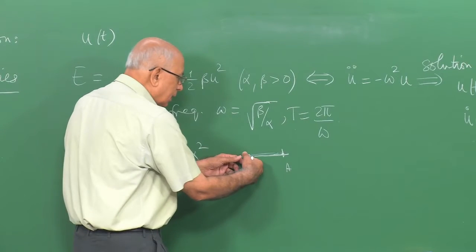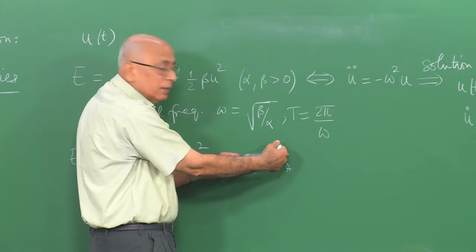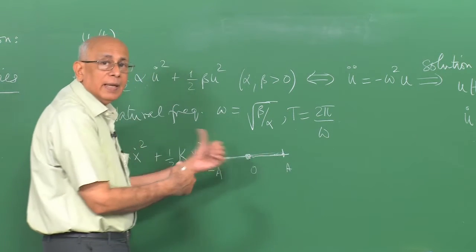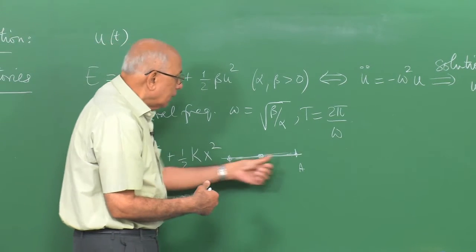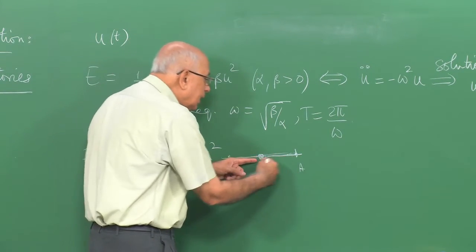Well, physically you can see that if this were a mass attached to a spring and stretched, as soon as you let go at the end of its amplitude, the velocity is going to be directed towards the negative side. This means u dot is going to be negative on this side, and u is decreasing, and there is only one way that can happen here.